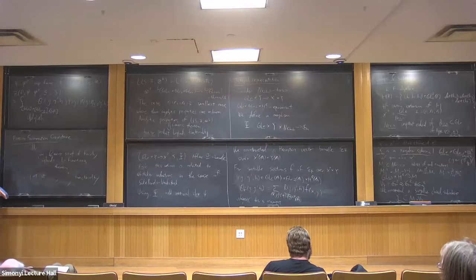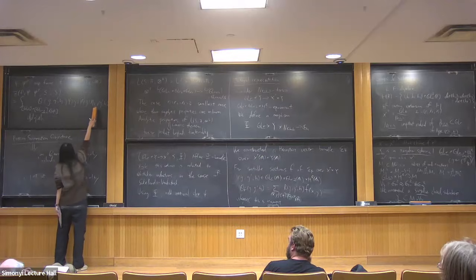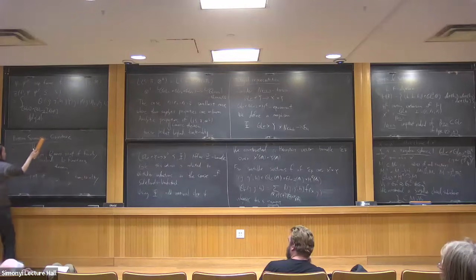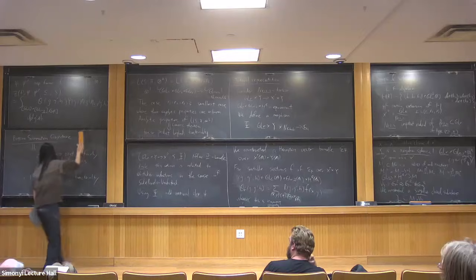The variable S. Just four variables, S1, S2, S3, and S. But our trivial function is related to this S.